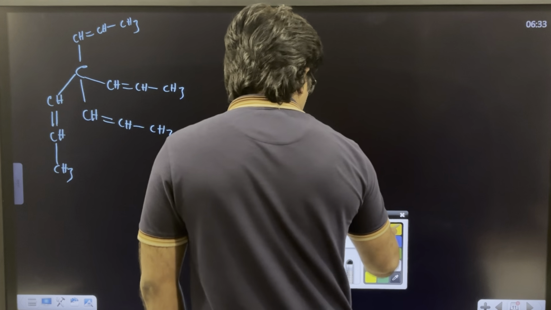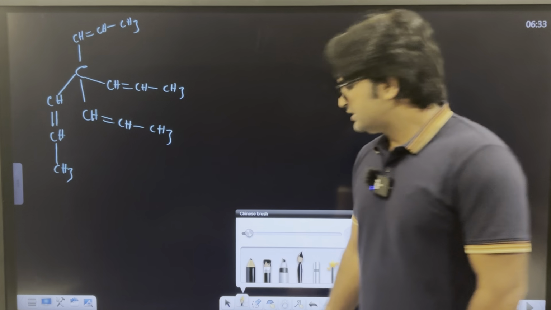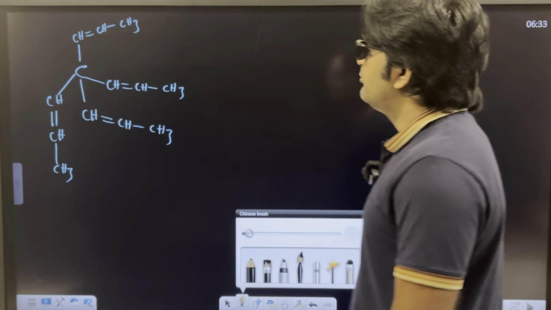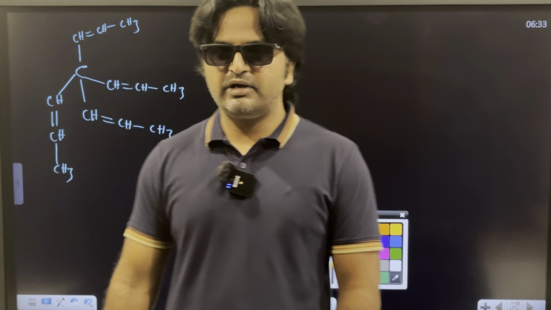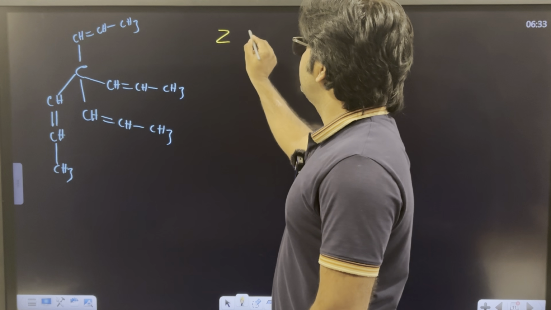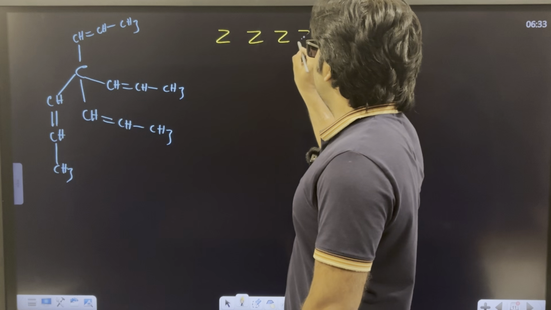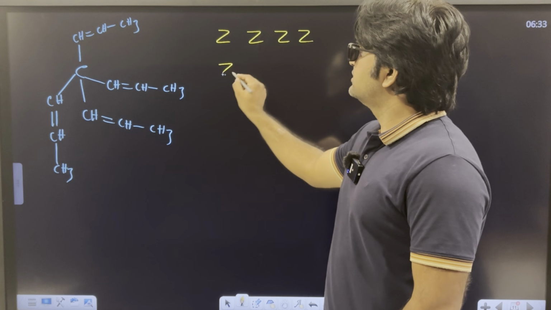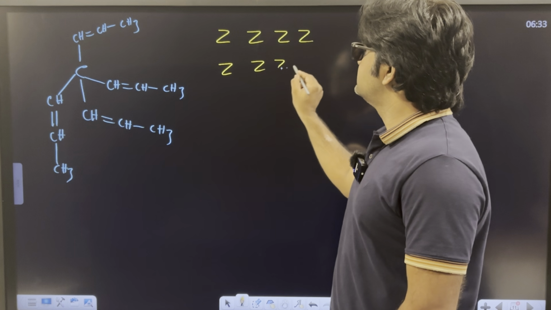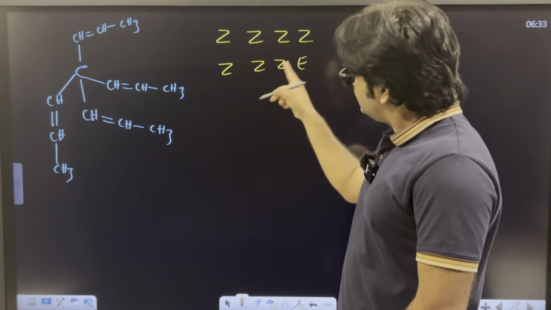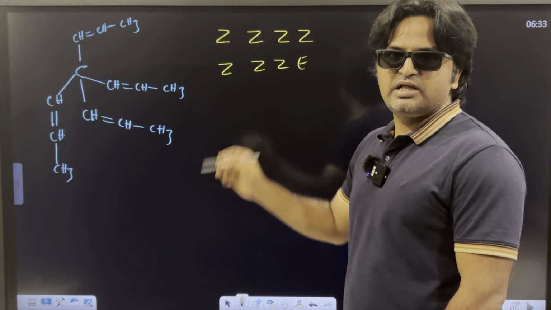That is the given molecule, right? What are the total number of geometrical isomers? Here how many double bonds can show geometrical isomerism? 4 double bonds are there. We can write like this: Z, Z, Z and Z. Just change one configuration among these 4: Z, Z, Z, E; all are the same.